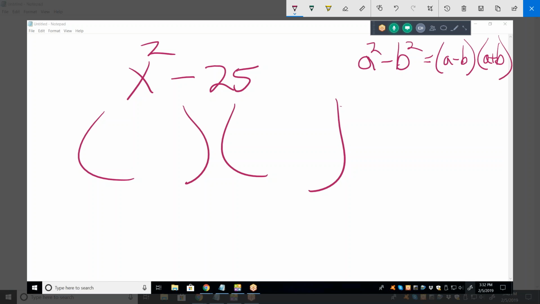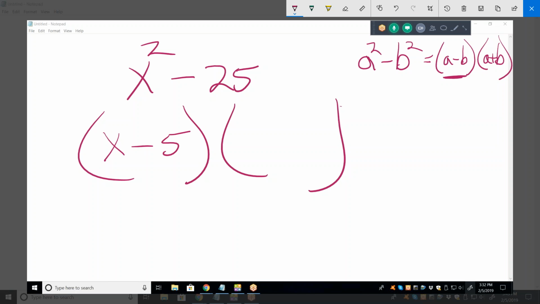It would be x on both, and then it would be... This time I want you to do the left term all alone. What's the left term? A minus b? Okay. It's x minus 5. And now the right term is merely the conjugate of that. You know what conjugate means?